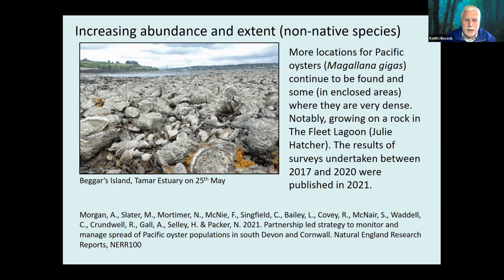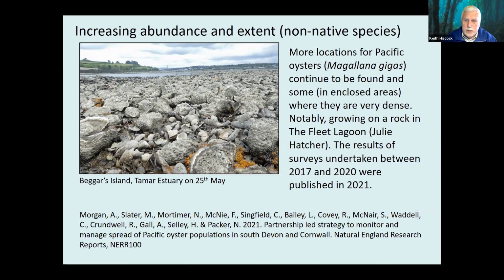Here at Beggars Island on the Tamar estuary, you can see the rail bridge in the background there, where Cornwall Wildlife Trust in particular have been monitoring changes in the abundance of these oysters, these Pacific oysters, and also range extensions. So now found in the Fleet Lagoon.